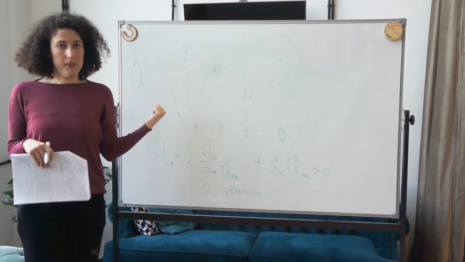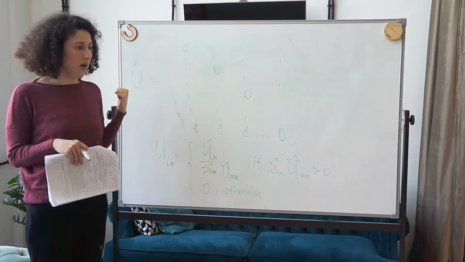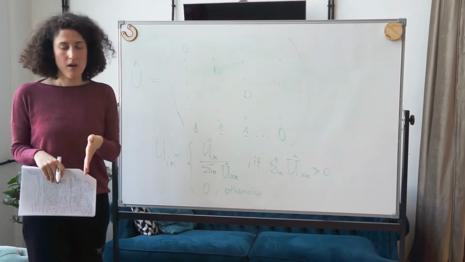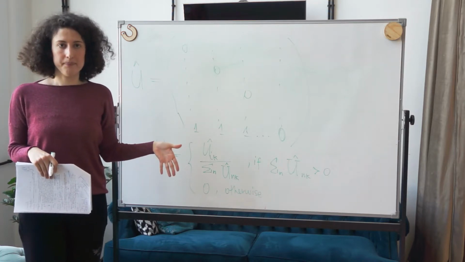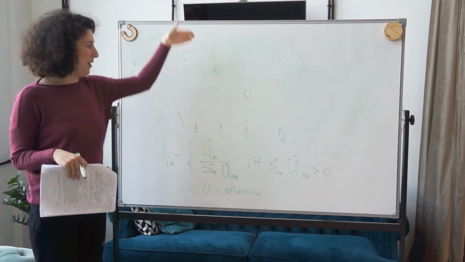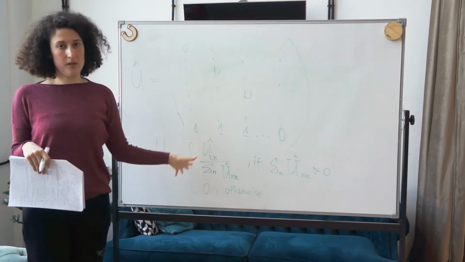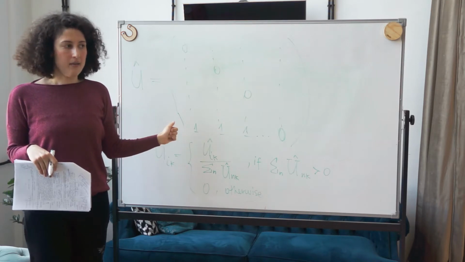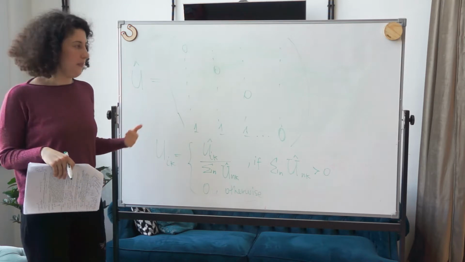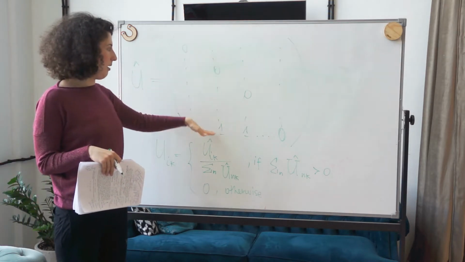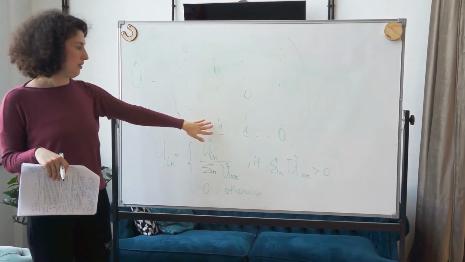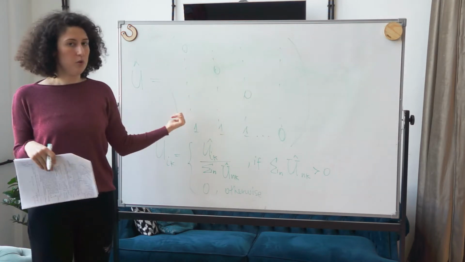There is a little problem: if an account doesn't have any outgoing activity for a long period of time, some of the columns in this matrix might just be all zeros. And this is not good for our algorithm because it means that the sum of the elements in the column is not going to sum to 1.